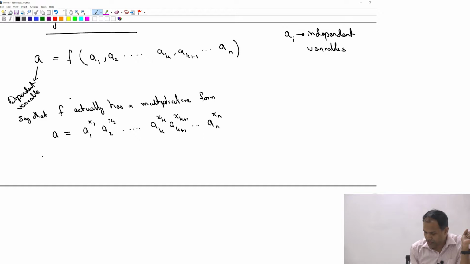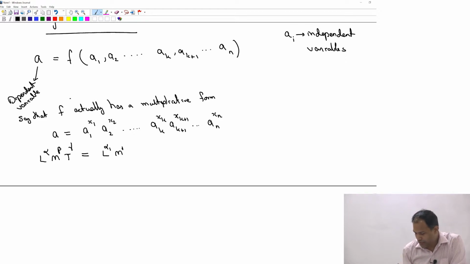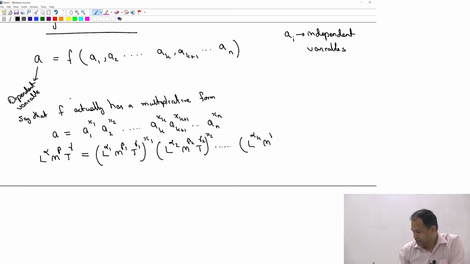Let's say the dimensions on the left hand side is L to the power of alpha, m to the power of beta, t to the power of gamma, equal to a1, let's say L to the power of alpha 1, m to the power of beta 1, t to the power of gamma 1 raised to the power x1, times L to the power of alpha 2, m to the power beta 2, t to the power gamma 2 raised to x2 and so on, L to the power of alpha k, m to the power beta k, t to the power gamma k raised to xk and so on, L to the power of alpha n, m to the power of beta n, t to the power of gamma n raised to xn.